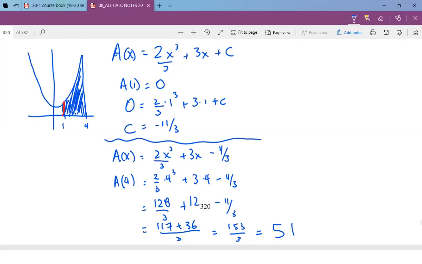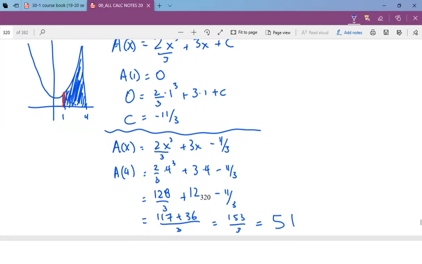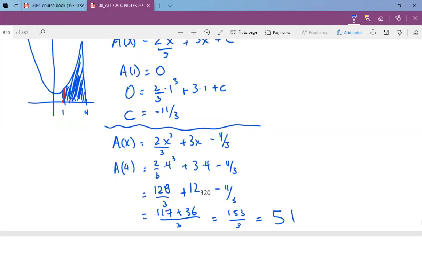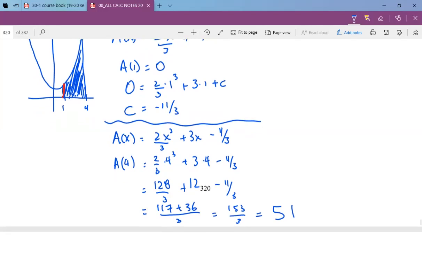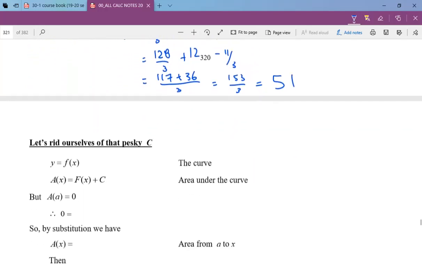So just using this initial condition that A at 1 is equal to 0, and then evaluating A at 4, this is equal to 51.